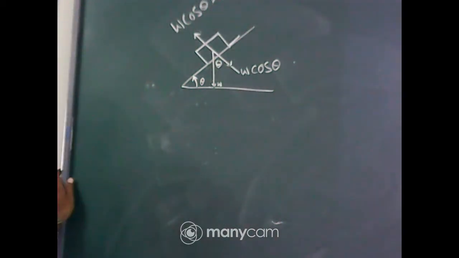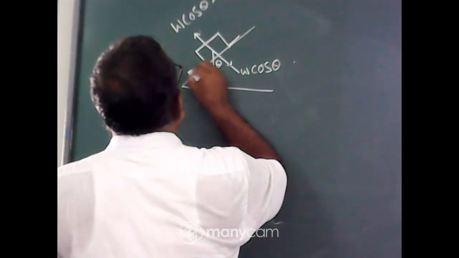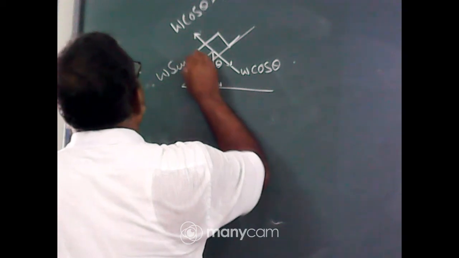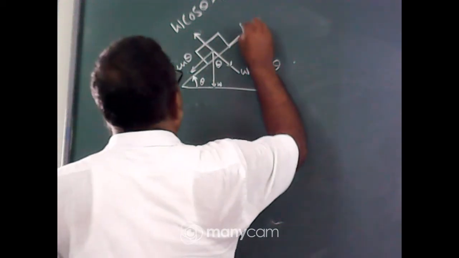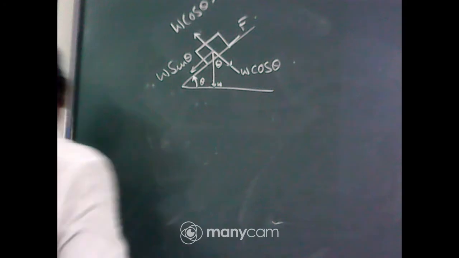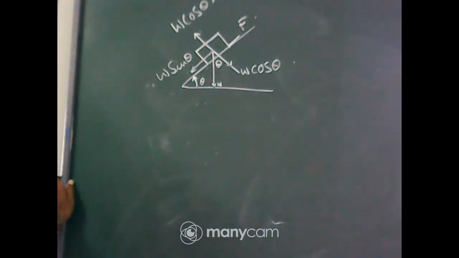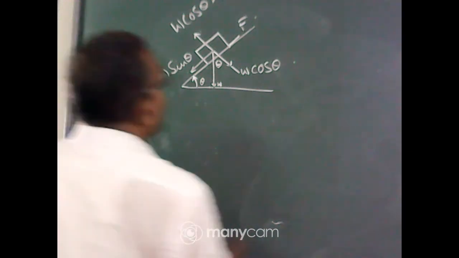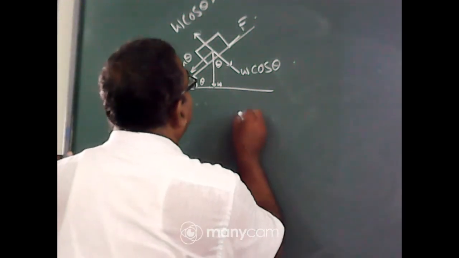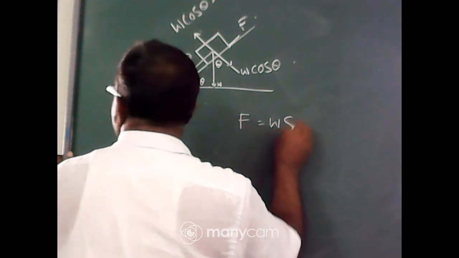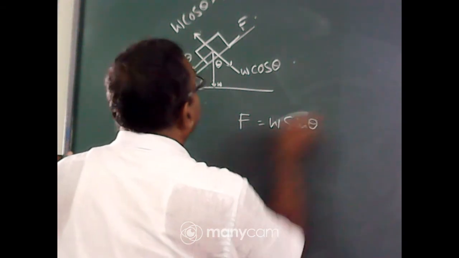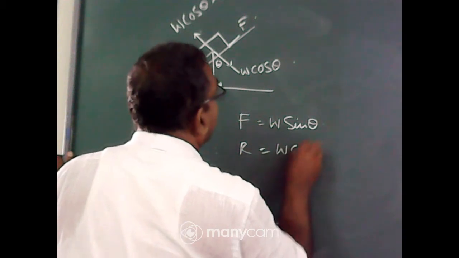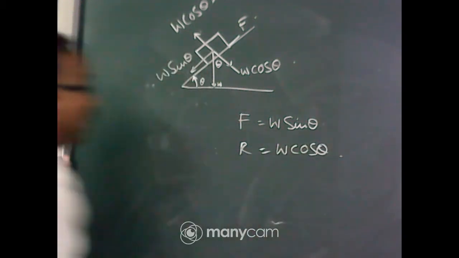W sin theta acts along this direction. The frictional force acts opposite to the direction of motion. So my dear students, you see here F equals W sin theta and R equals W cos theta.